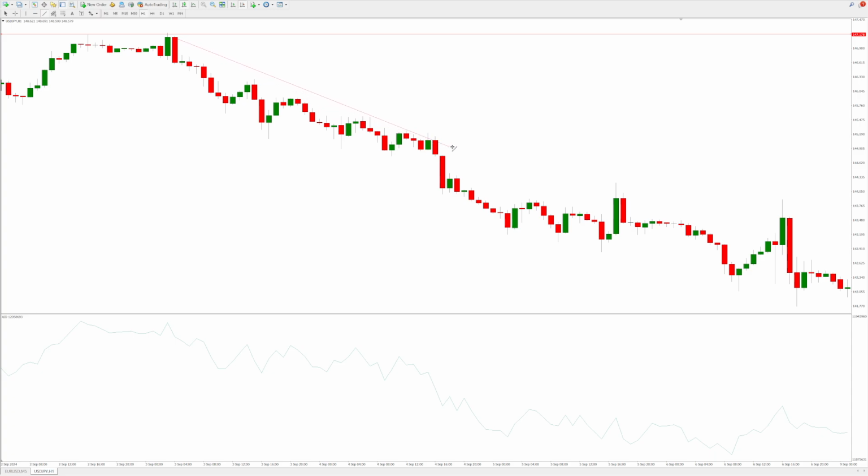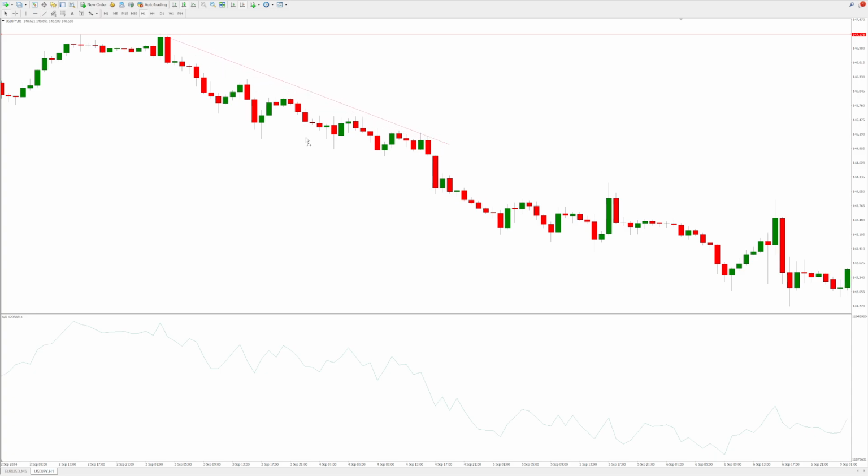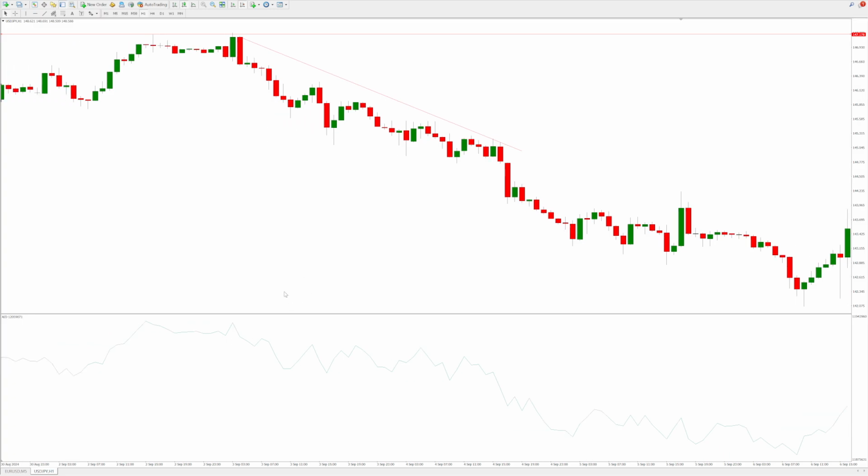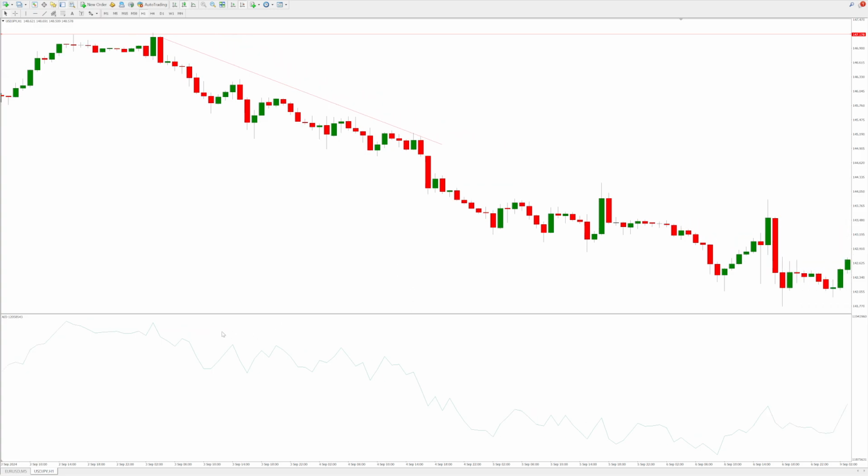You can draw trend lines if you like, although you can just look at the chart and see clearly it's falling. So the accumulation distribution indicator is displayed below here. And as you can see, that is basically showing us the same thing as the chart is, that the price is moving downwards.